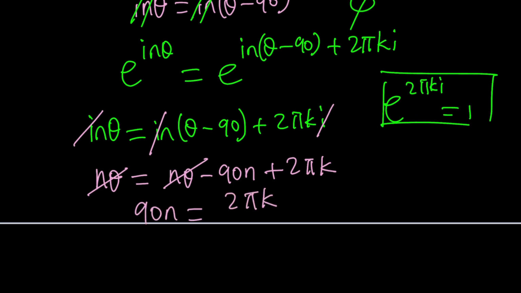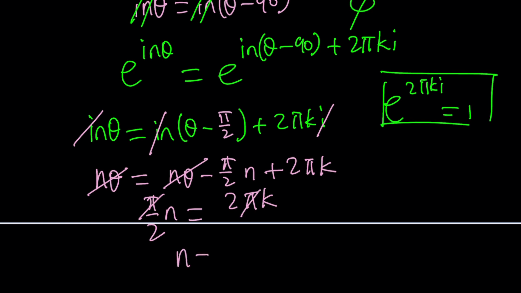Oh, by the way, I think I made a mistake here because I used 90 degrees. I should use pi over 2 because we are using radians, right? So that should be changed into pi over 2, which can easily be done. And this would be pi over 2. And then from here, hopefully we can solve for n. That's the goal. Again, pi cancels out, and then we can cross multiply.